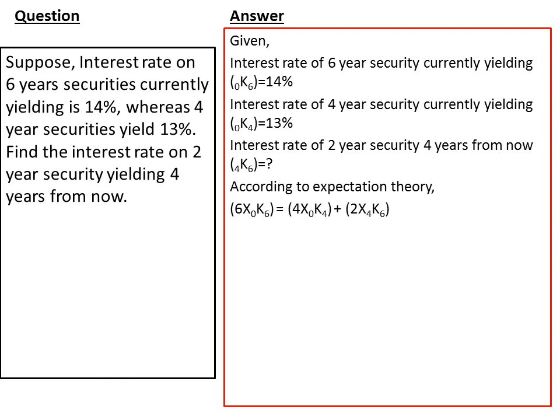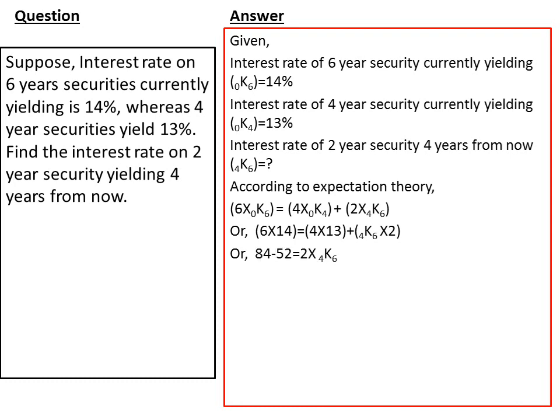So you can use whichever formula is easier. Now 6 into 0K6, 4 into 0K4, 2 into 4K6, you can put the values as given. 6 into 14, 14 is our 0K6 value. 4 into 13, 13 is the 0K4 value, plus 4K6, we don't have the value of 4K6, into 2.